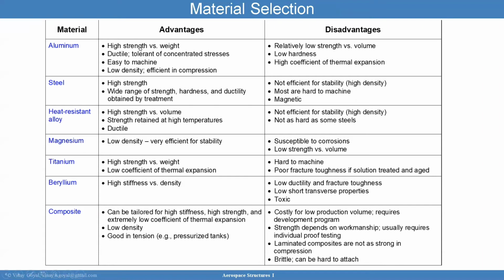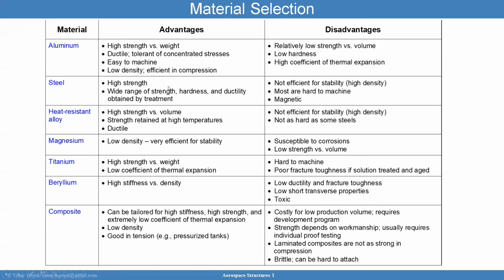It also does really well when it comes to high strength-to-weight ratio, but it does have relatively low strength per volume and low hardness, so it's not good for bearing applications. High coefficient of thermal expansion is a problem, because if I were to bond it to a composite, the composite doesn't have hardly any. That mismatch could cause high stresses when exposed to thermal environments.